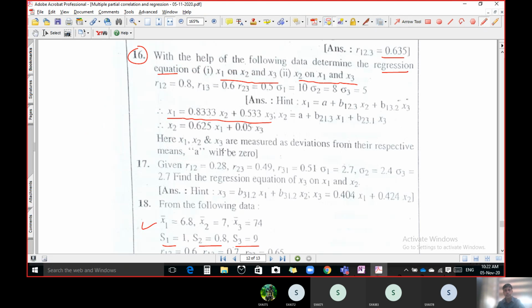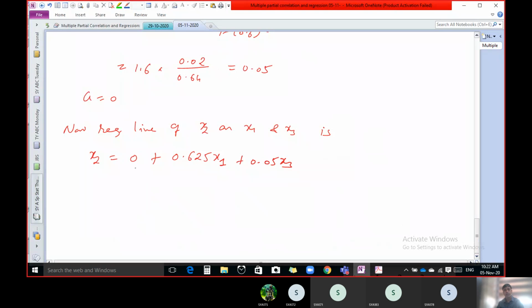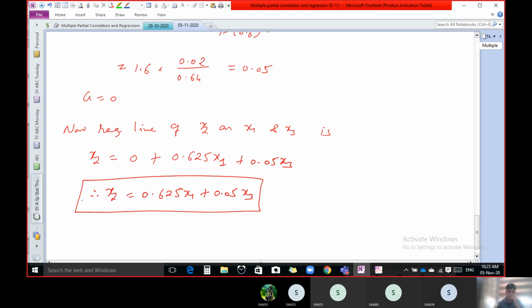This is our final answer. So x2 equals 0.625 x1 plus 0.05 x3, and for the given values of x1 and x3 we can easily calculate the value of x2.